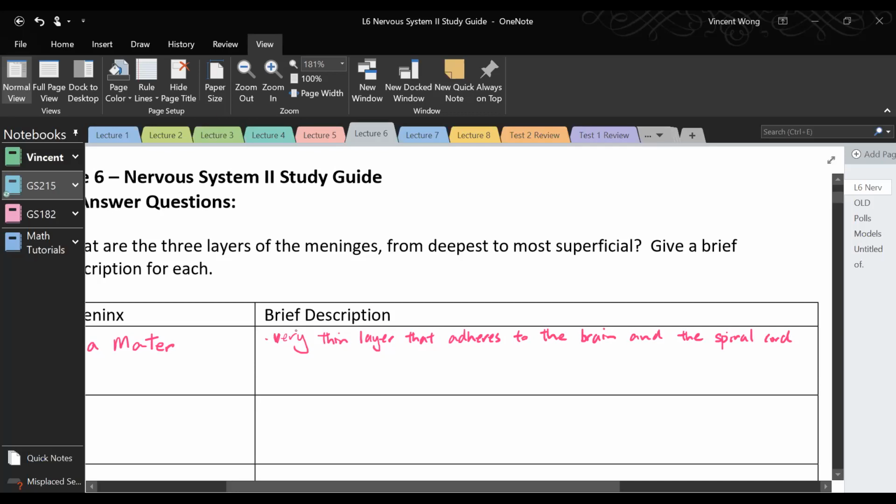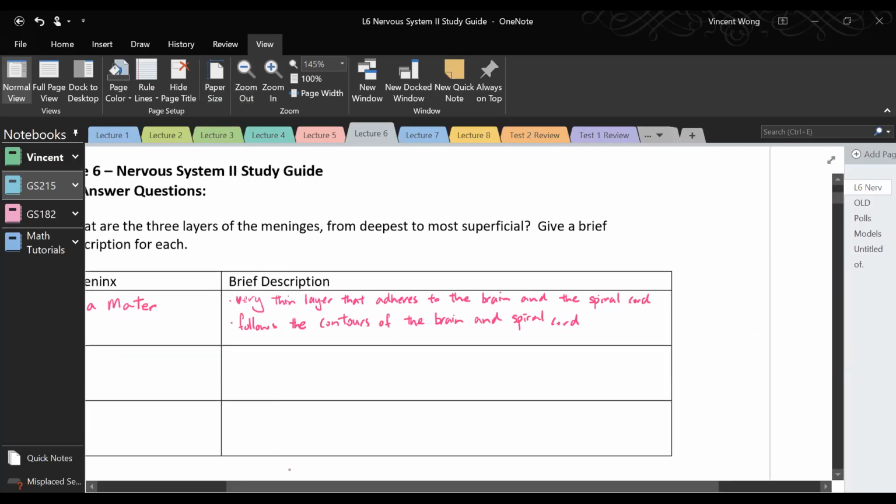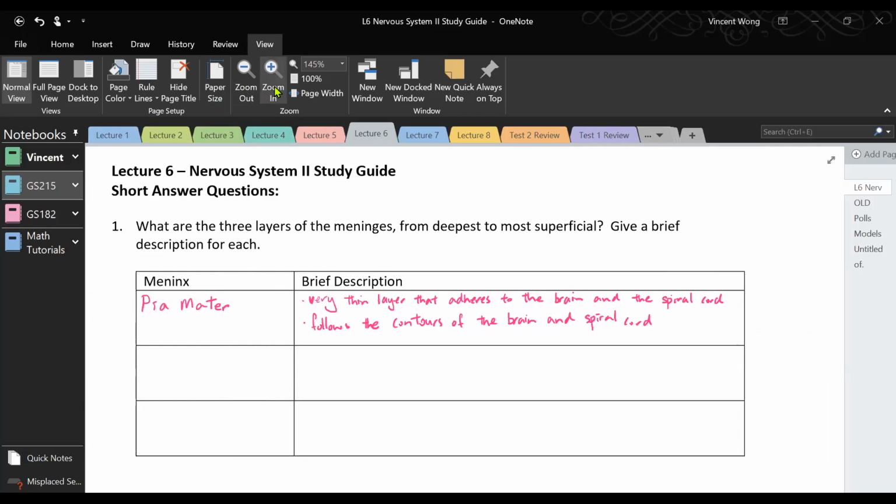It fits very tightly, very snugly. It follows the contours of the brain and spinal cord. So if there is a gyrus, a bump, then it will follow that. If there is a groove, a sulcus, it will go into that groove as well. So it's a tightly sealed shrink wrap around the brain, basically. So that's the deepest layer, the pia mater.